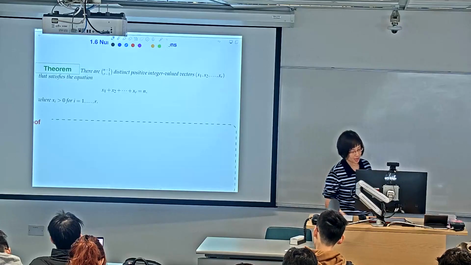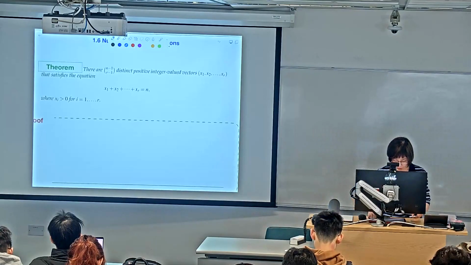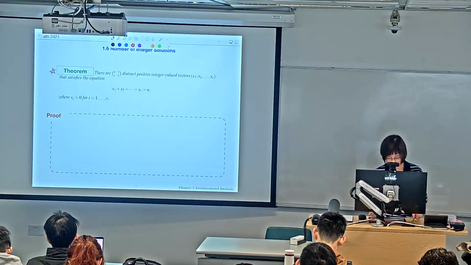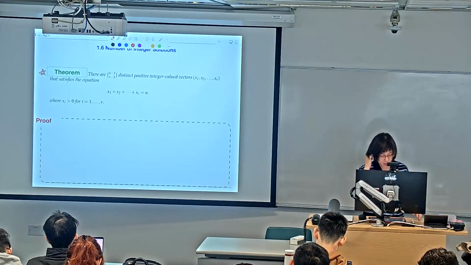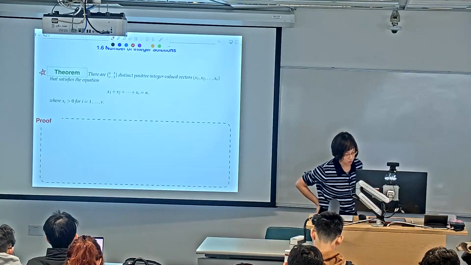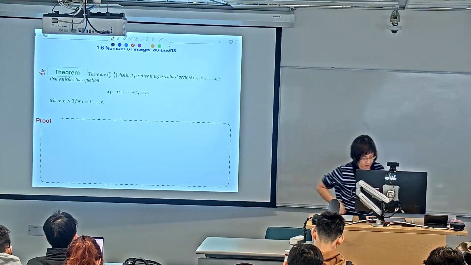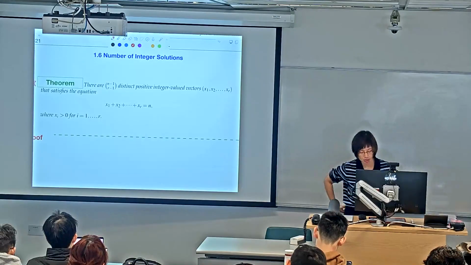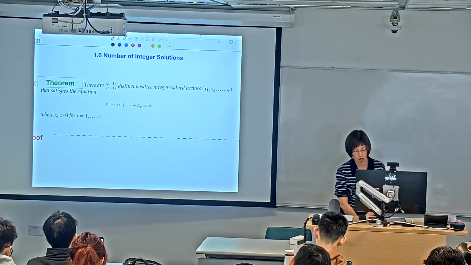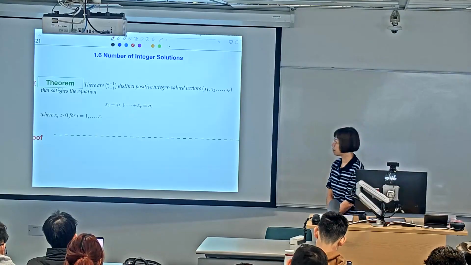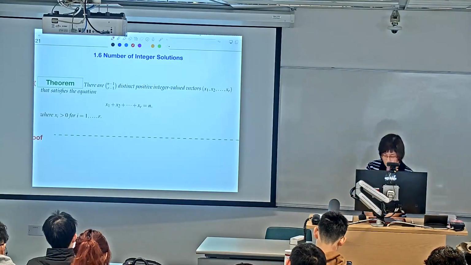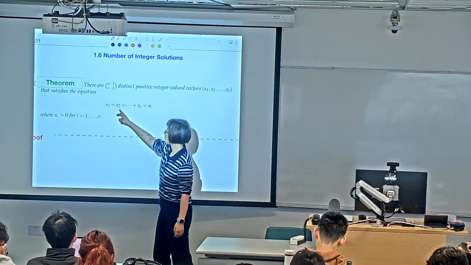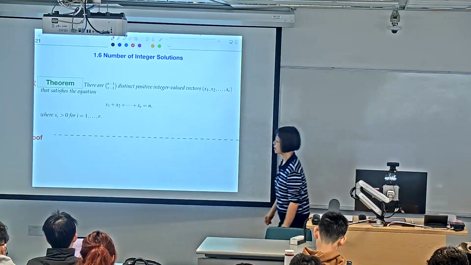Actually, this is summarized as a theorem, and I would say this is an important, useful little result. The theorem says there are n-1 choose r-1 distinct positive integer valued vectors (x1, x2, ..., xr). So each xi is a positive integer, and they satisfy this linear equation, x1 + x2 + ... + xr = n.